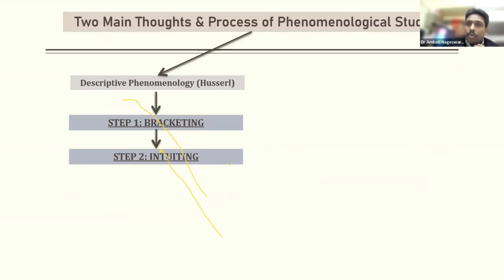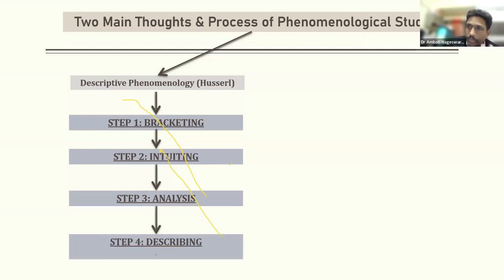You are not going to allow your knowledge, your understanding of the concept, at the time of data collection or at the time of data analysis. Intuiting means you are open to learn new knowledge based on whatever is happening in the field. And once you complete your data collection, you are going to analyze the data and describe what you observed, what you learned from the research work.